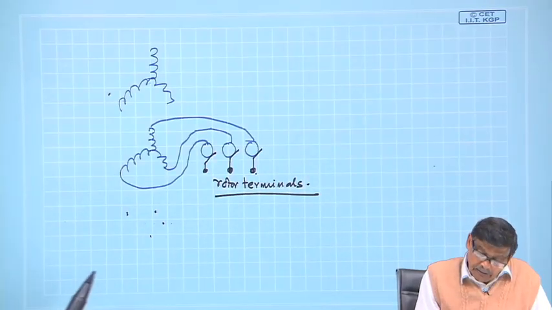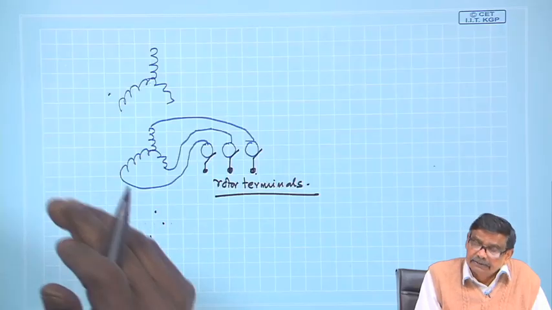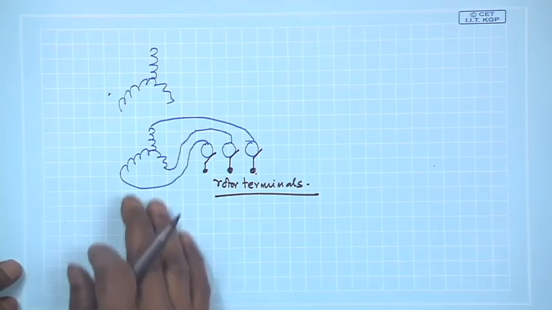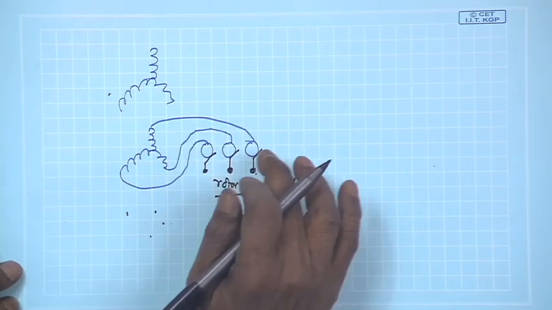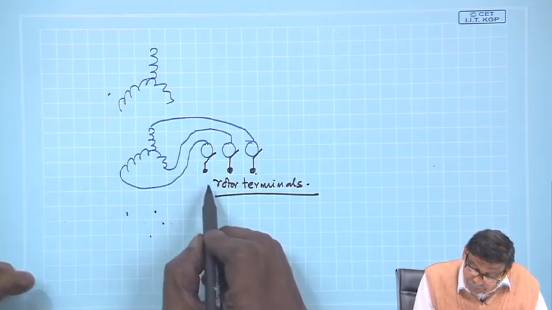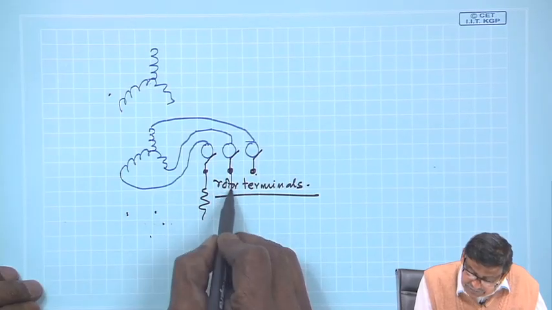Understood. So, rotor windings are just like the stator 3 phase balanced winding, maybe with a different number of turns, that is a different issue, but its terminals are available through slip ring and brush. And then the question of external resistance connection comes in.